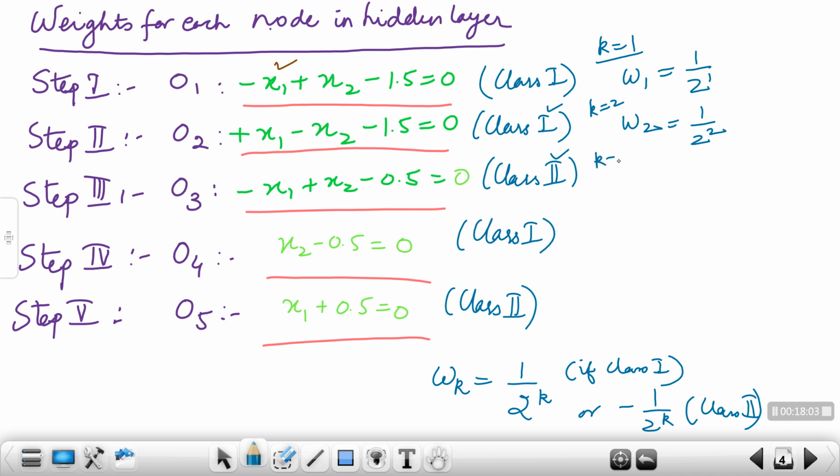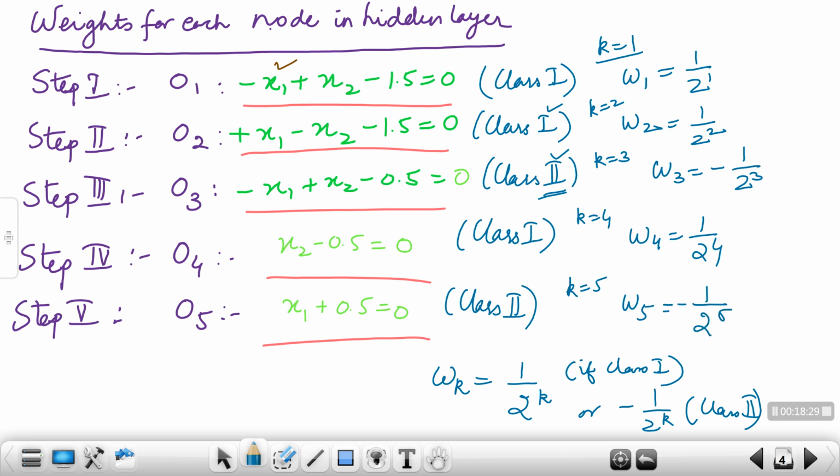For k is equal to 3, we are classifying class 2. The line O3 was classifying class 2 patterns. So W3 will be minus 1 upon 2 raised to 3. Here k is equal to 4, so W4 will be again plus 1 upon 2 raised to 4. And in the last case, k is equal to 5, we are classifying class 2 again, so it will be minus 1 upon 2 raised to 5.